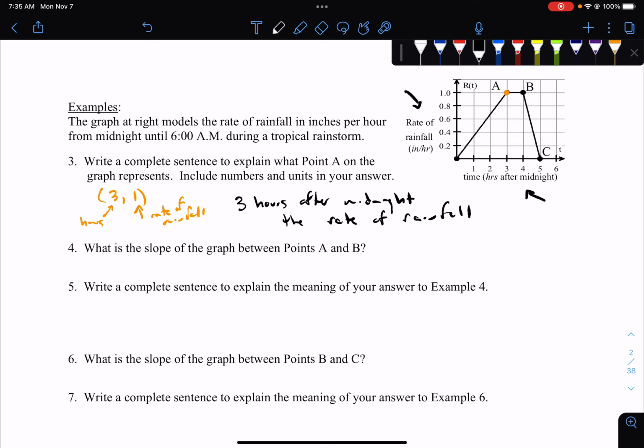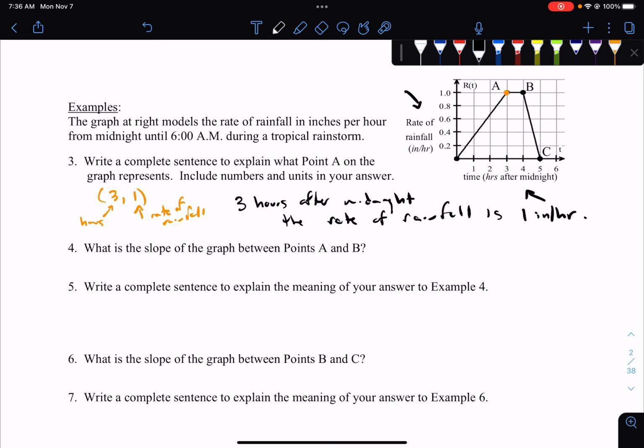Doesn't matter, right? You're just describing, you're not going to get penalized for the words that you use or the context. You just got to make sure that you are explaining the point correctly. So 3 hours after midnight, the rate of rainfall is 1 inch per hour. That's the rate that the rain is falling.